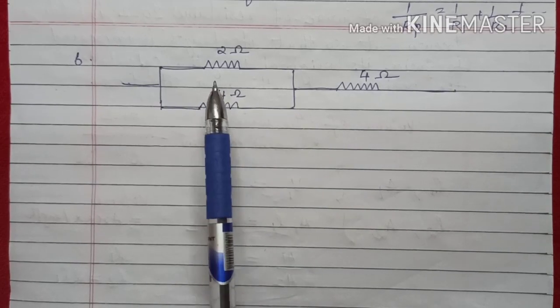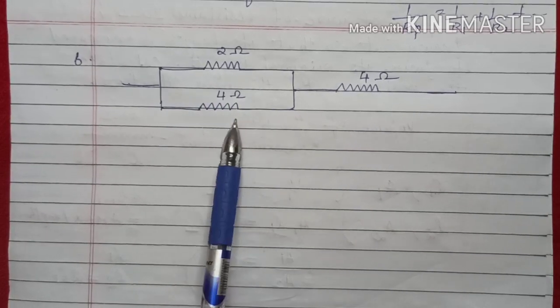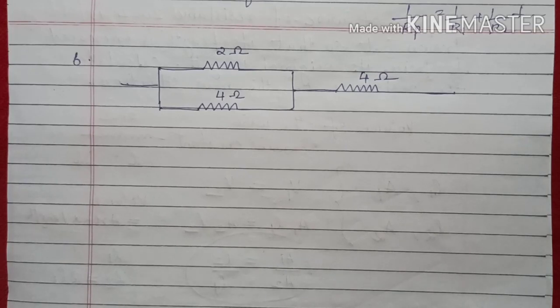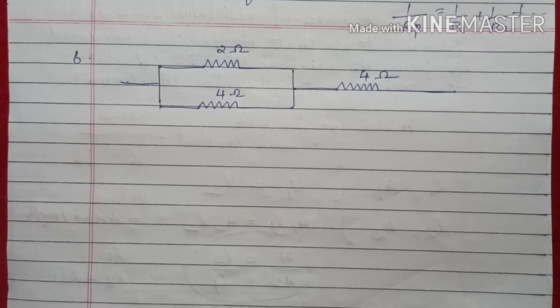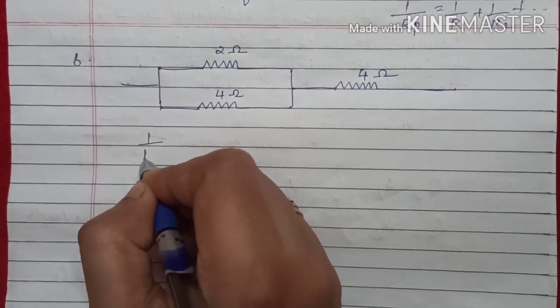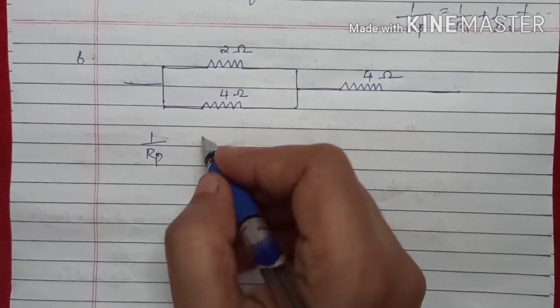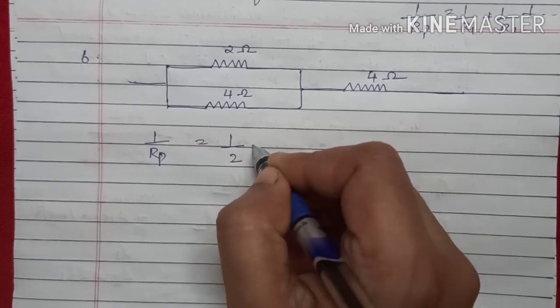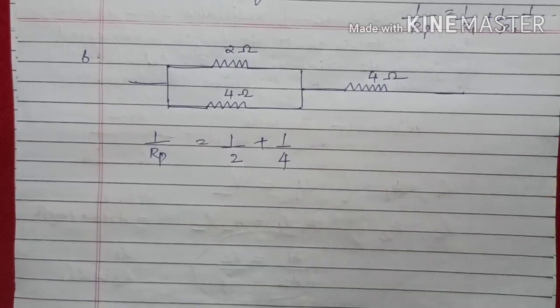Okay, so first we will move to this part, that is this 2 ohm and 4 ohm are in parallel combination. So to find the effective resistance, we will use the expression 1 by Rp is equal to 1 by 2 plus 1 by 4. Isn't it?